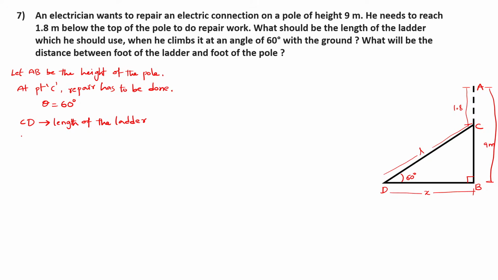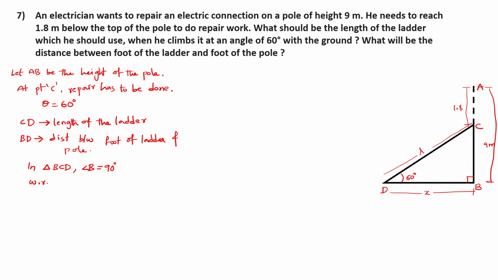Next, from the same figure, BD will be the distance between the foot of the ladder and the foot of the pole. Now in triangle BCD, angle B is equal to 90 degrees, so it becomes a right angle triangle.